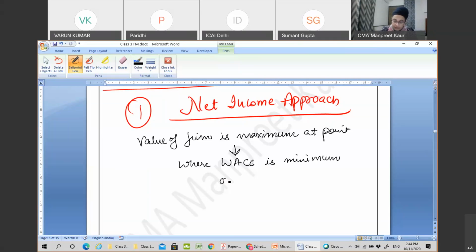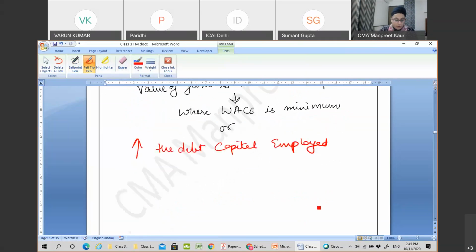Or we can say increase the debt capital employed, decrease shall be overall cost of capital.